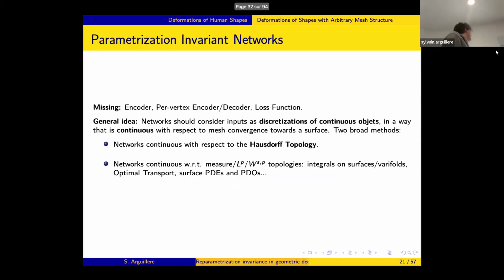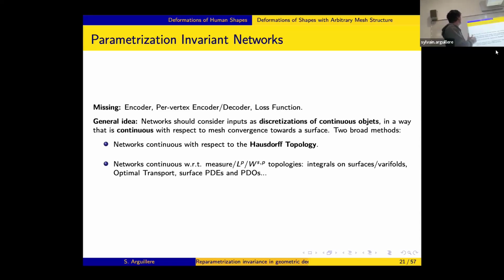So what we're missing ultimately is the global encoder for the autoencoder, right? We're also missing a per-vertex encoder and decoder, and a loss function. I already spoiled the loss function for when we study, for example, the head.